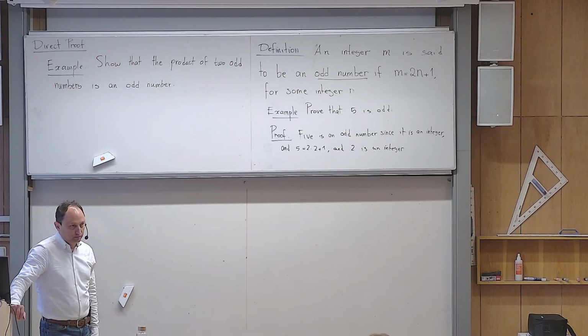The product of x and y can be written as 2n plus 1 times 2m plus 1, which is equal to 4nm plus 2n plus 2m plus 1, which can then be simplified to fit the formula 2 times an integer plus 1.